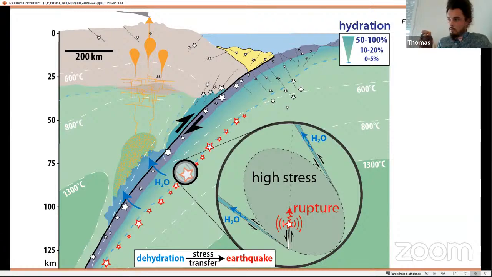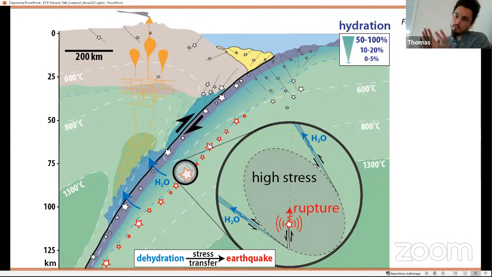And when the dehydration occurs, you increase the stress, you reduce the viscosity of these Antigorite clusters that may correspond to some serpentinized faults that are formed due to plate bending before subduction.